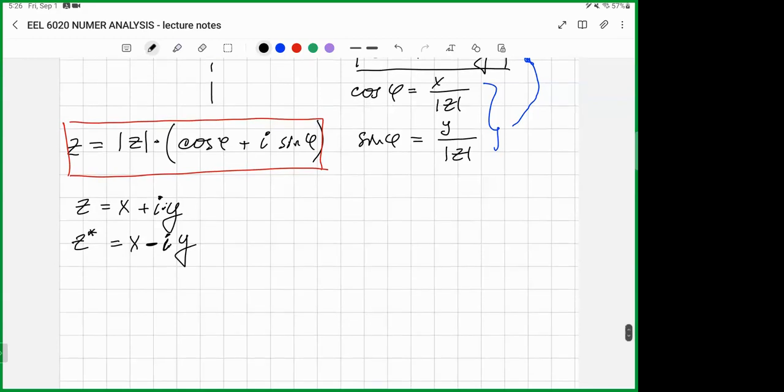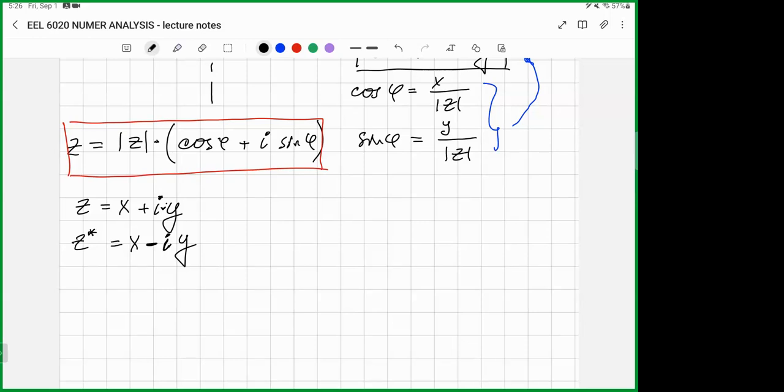So why do we need this complex conjugation? We need it for many reasons. In electrodynamics and electrical engineering, it denotes the signal with the opposite frequency, and it also denotes the phase delay, etc.